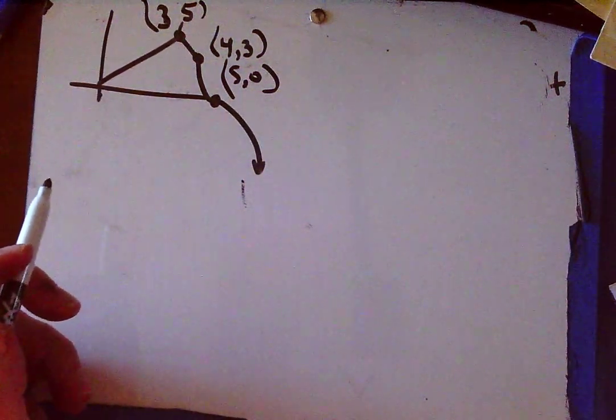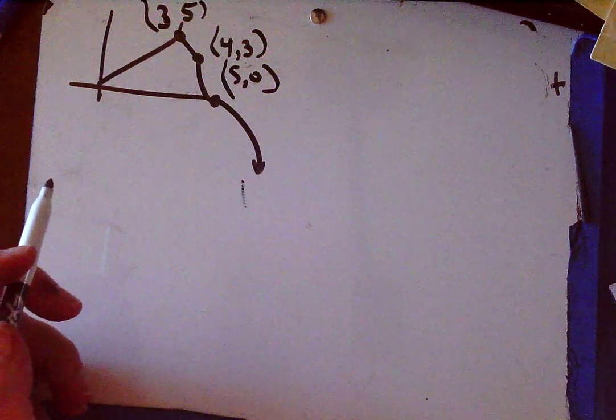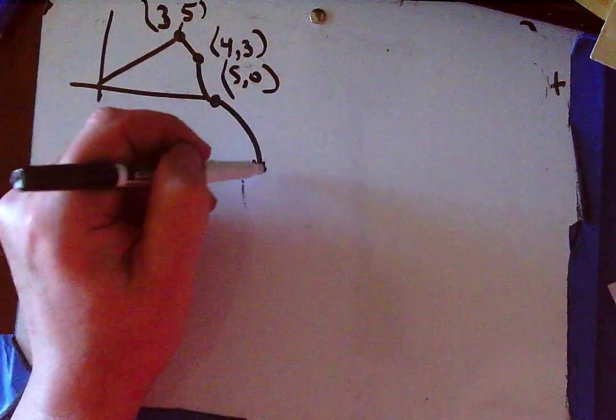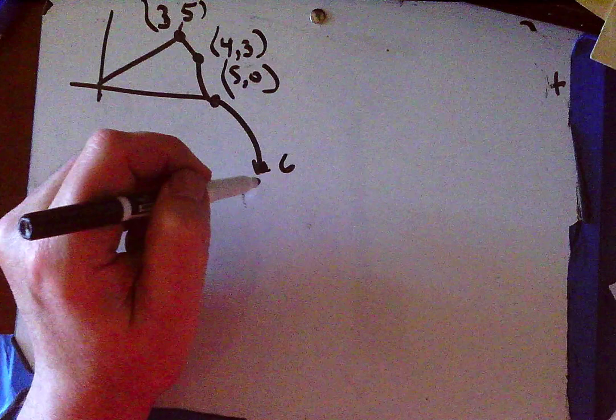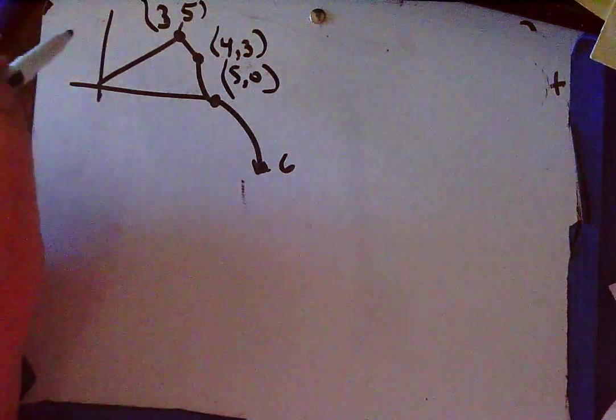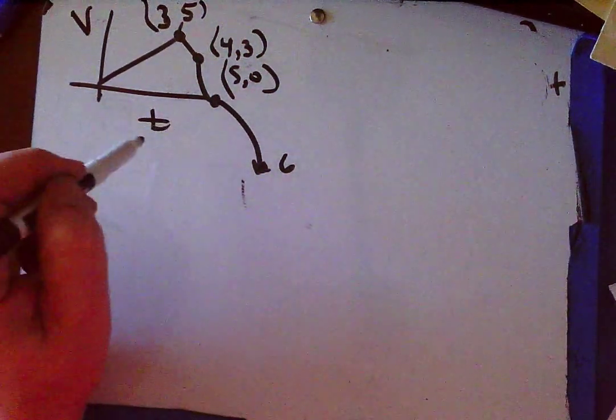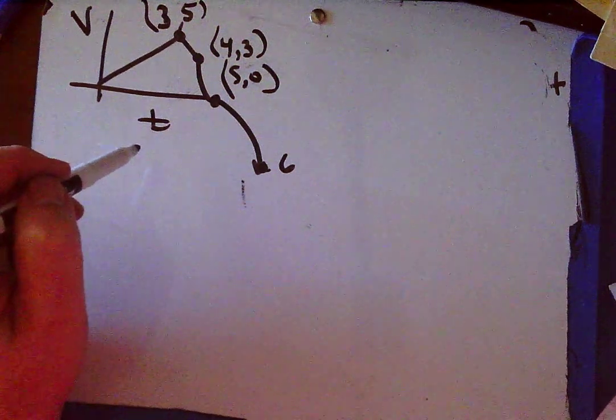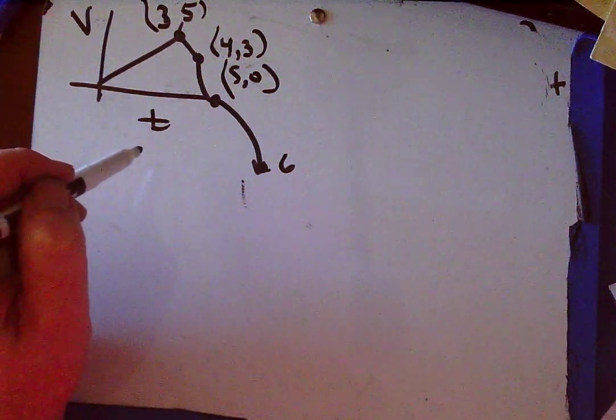Okay. This is a graph of the velocity of a fish on 0 to 6. So this is V, and this is T. When is this fish swimming to the left?